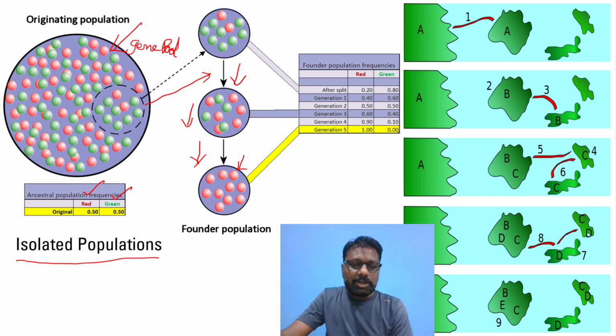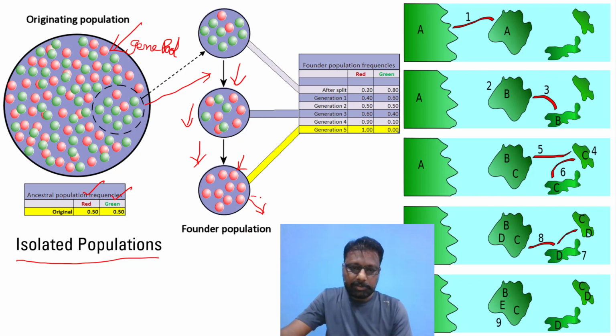So initially the original population has 50-50 allelic frequency, but through the process of isolation, it gradually consists of only one type of allele, that is the red allele. This population, which has arisen through the isolation process, we call the founder population.